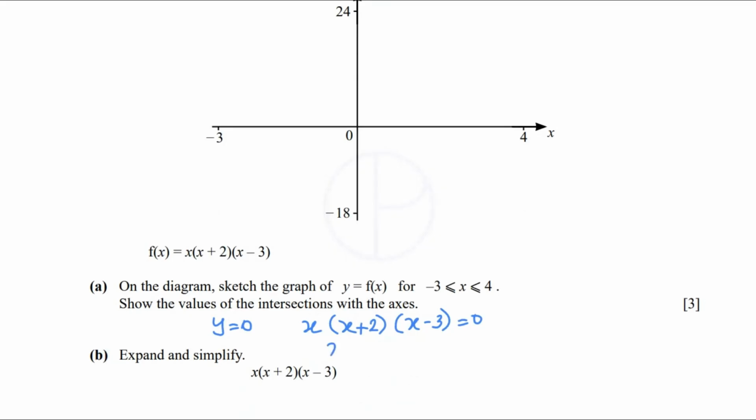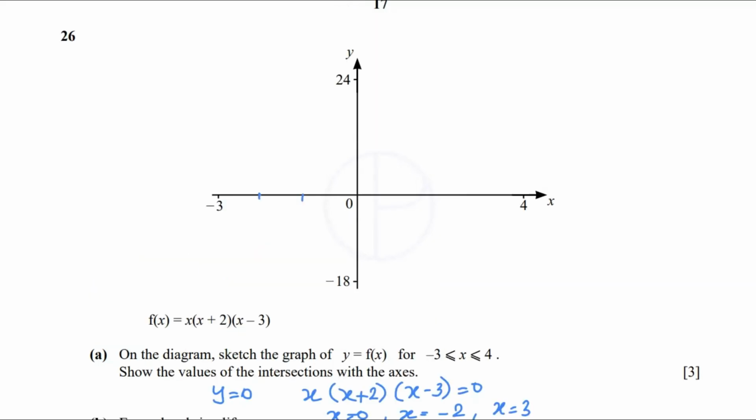So that means x equal to 0 or x plus 2 is equal to 0. That is x equal to minus 2 or x minus 3 is equal to 0. That means x is equal to 3. Let's plot these points.